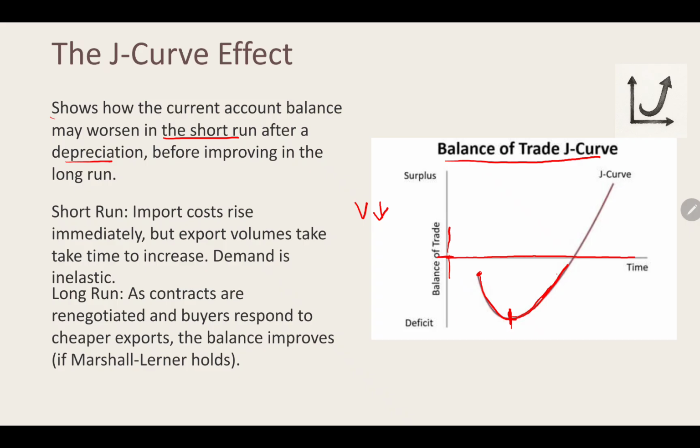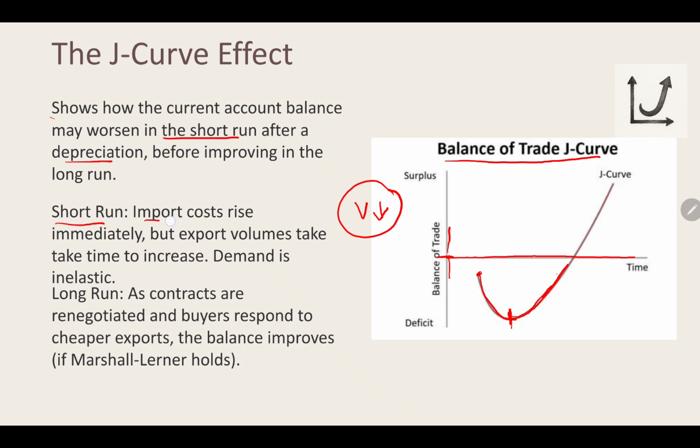This point is called the Marshall-Lerner condition, when due to the depreciation of the currency, the balance of trade is fixed, meaning the current account deficit has been fixed.